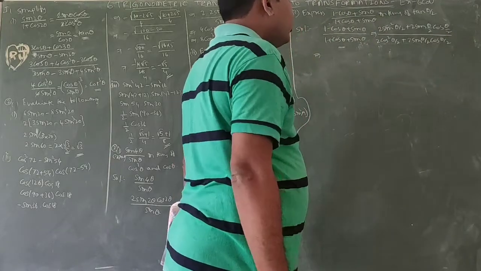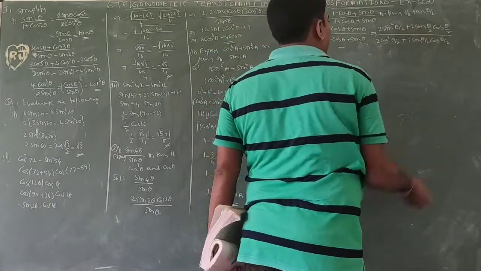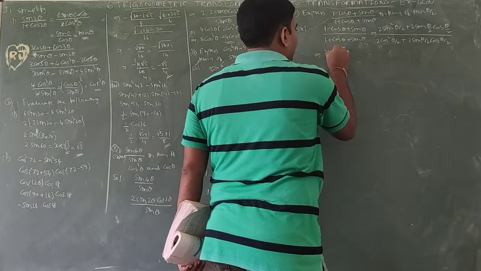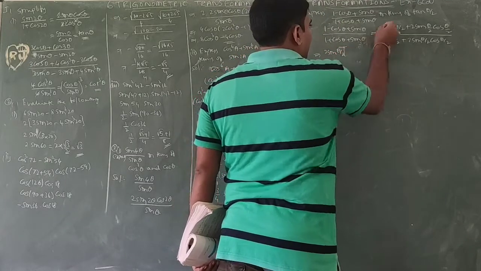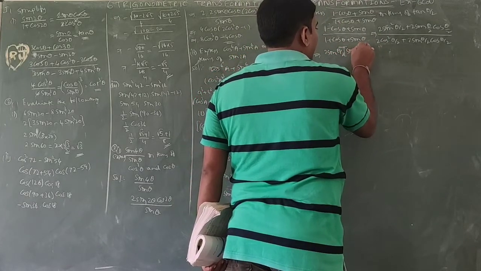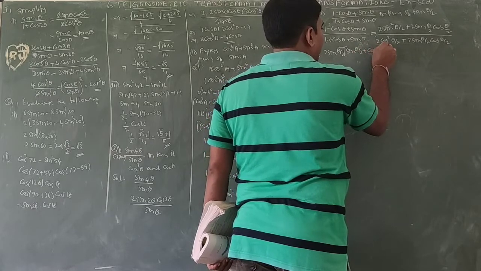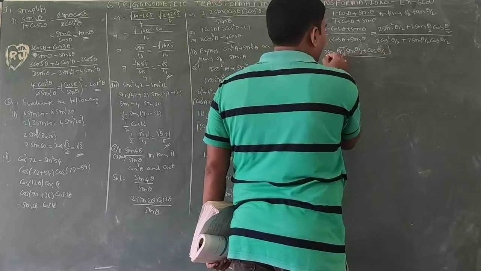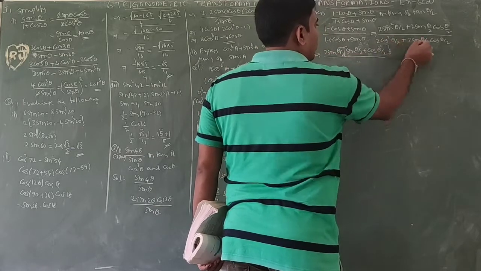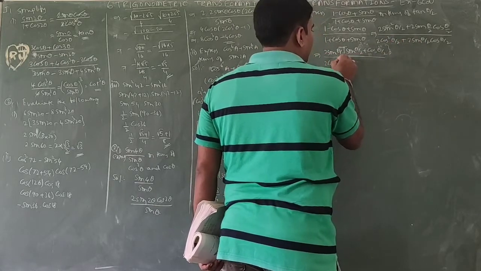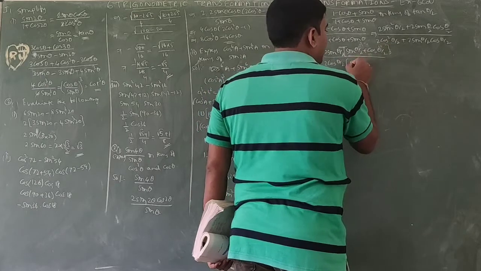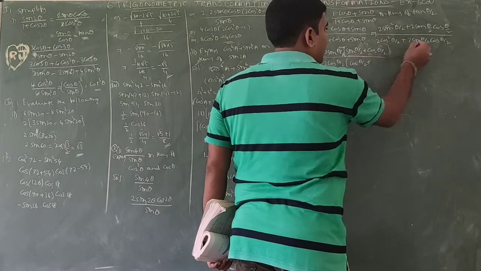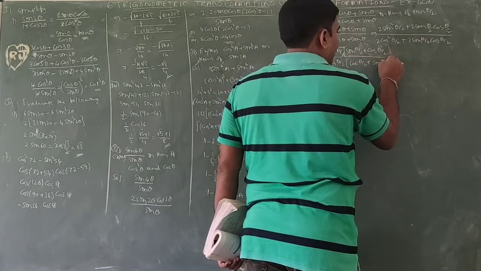Okay, in the numerator, 2 common, sin theta by 2 common, 2 sin theta by 2 common, remaining sin theta by 2 plus cos theta by 2. In the denominator, 2 common, cos theta by 2 common, so cos theta by 2 plus remaining sin theta by 2.